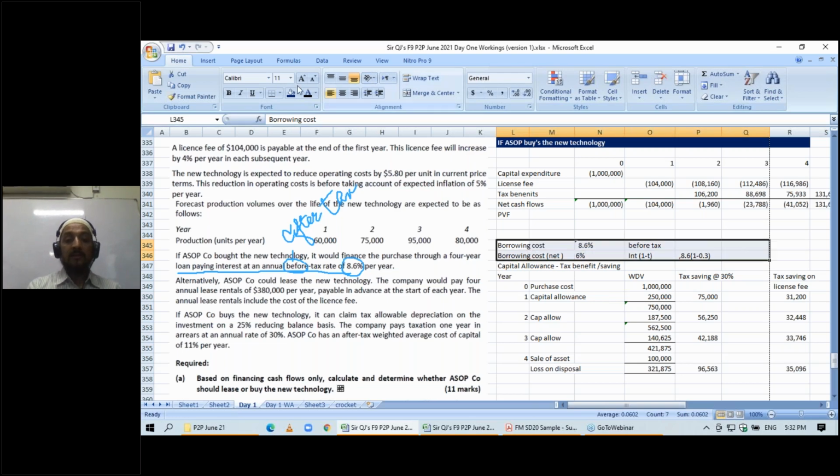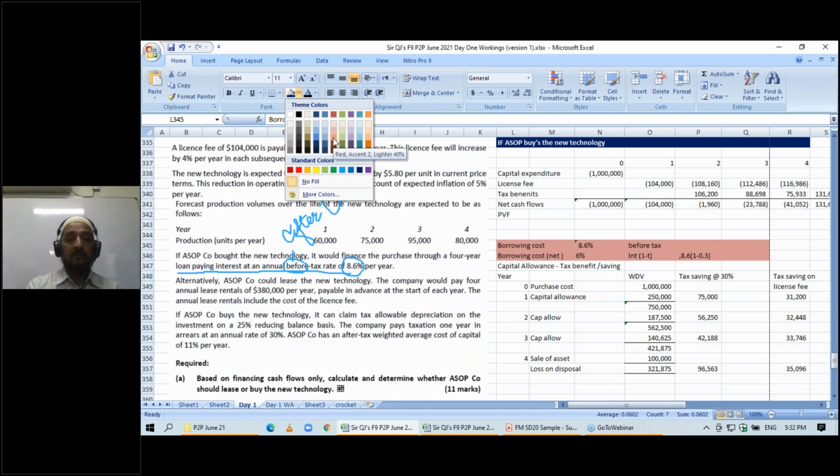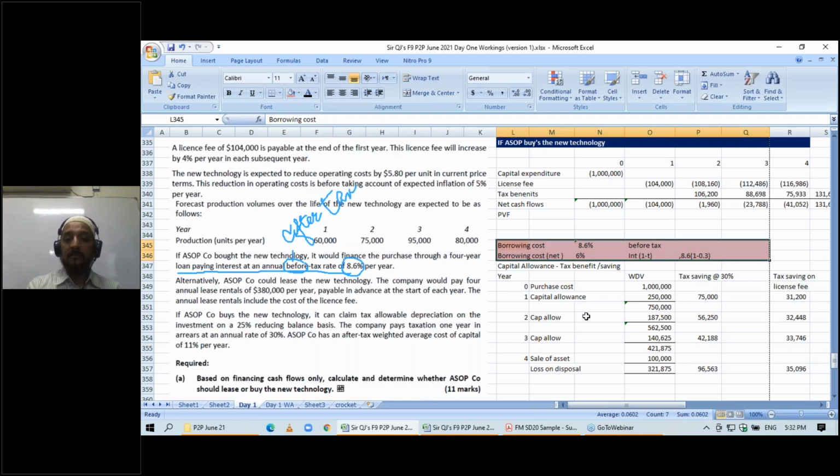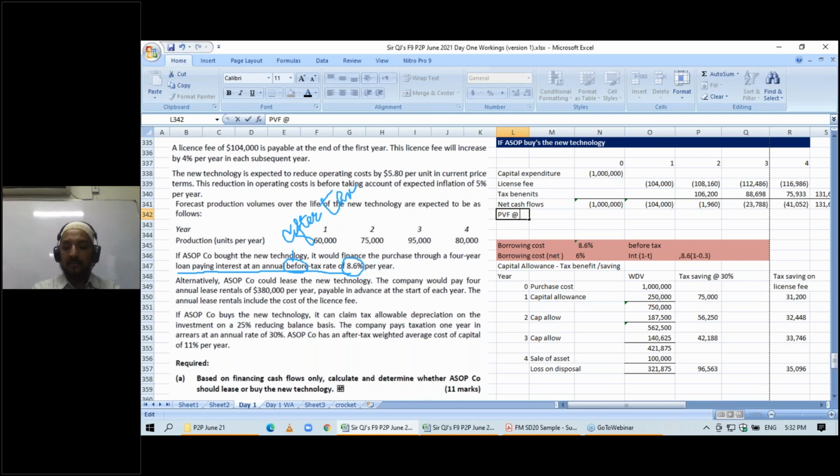So please, I'm highlighting this area, the borrowing cost area, which you can see in light maroon. 8.6 was the before tax borrowing rate, and we'll be using the after tax borrowing rate. So the present value fraction that will be taken over here will be 6%. In year 0, 1 million is the present value itself, because what do we mean by present value?